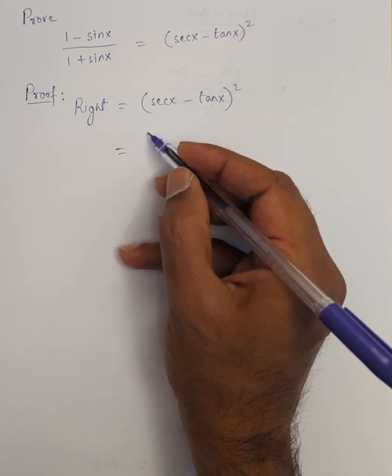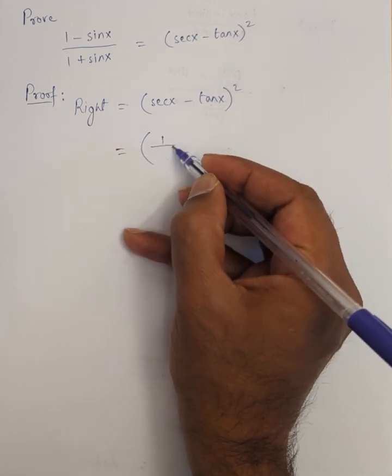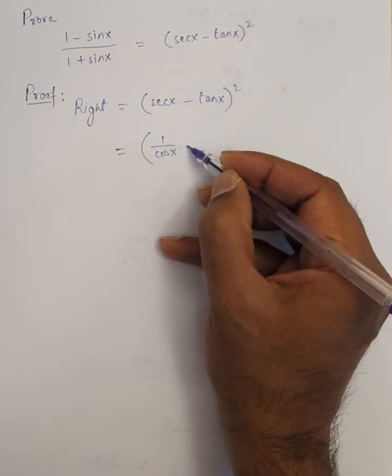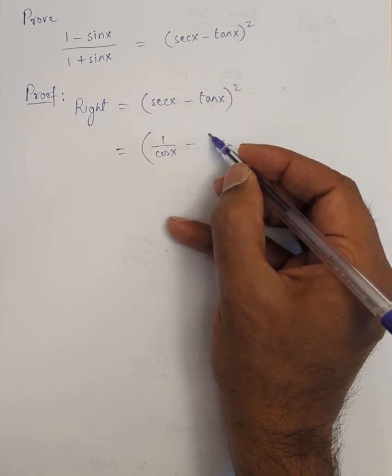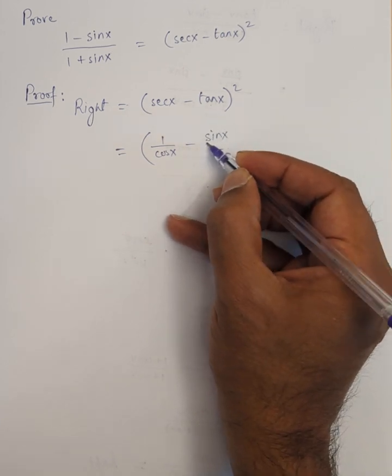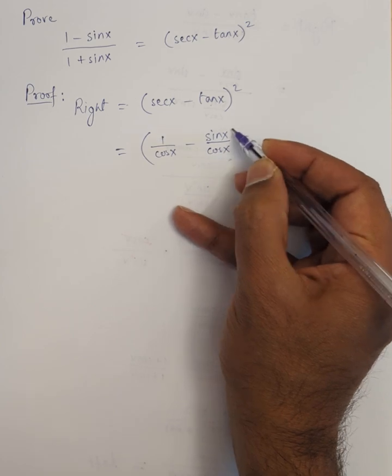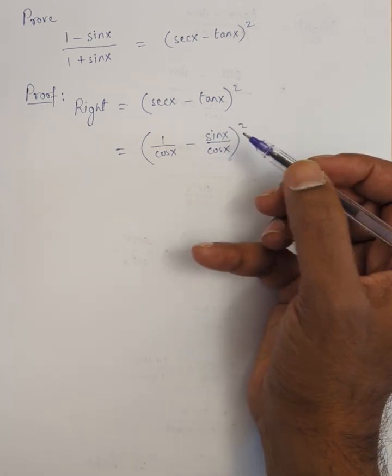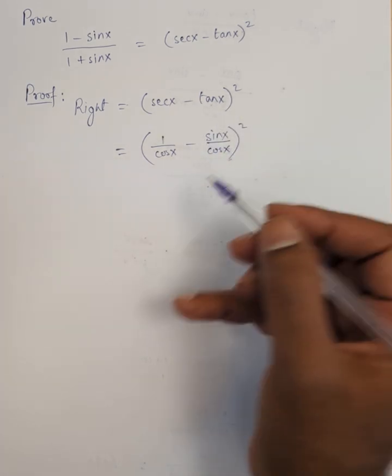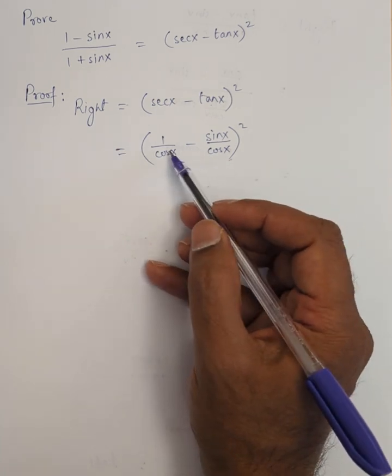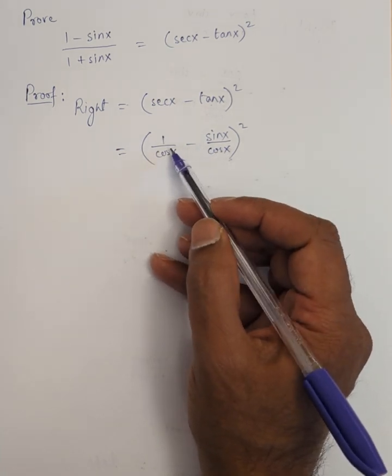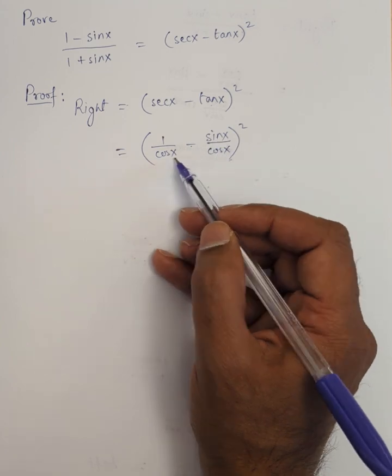So what is secant x? Secant x is 1 over cos x, minus, what is tan x? Sin x over cos x, quantity squared. So all we have done is rewrite. Now notice we have to combine these two fractions, 1 over cos x minus sin x over cos x.